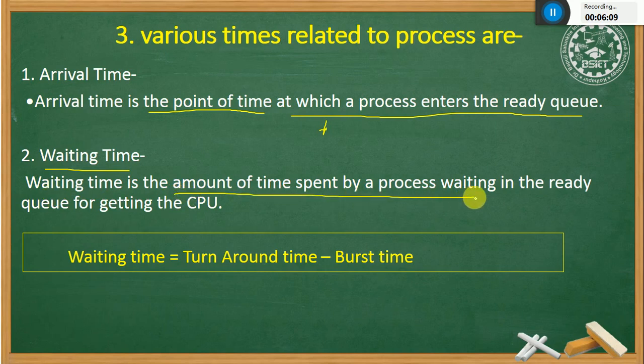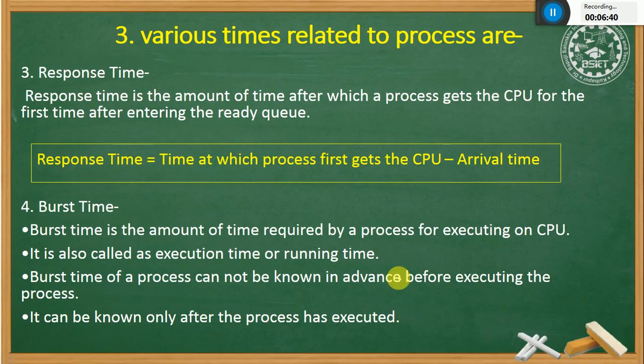Waiting time is the amount of time spent by the process waiting in the ready queue to get the CPU. That is the total time spent by the process in the ready queue. The formula for waiting time is very important. Waiting time is equal to turnaround time minus burst time. My dear students, we can explain this once we have the definitions of turnaround time and burst time.